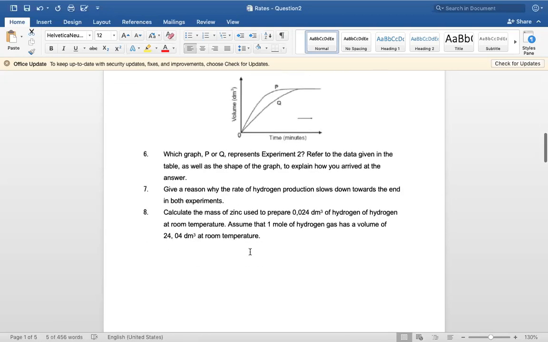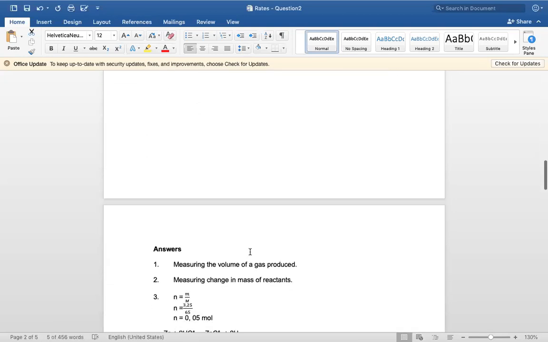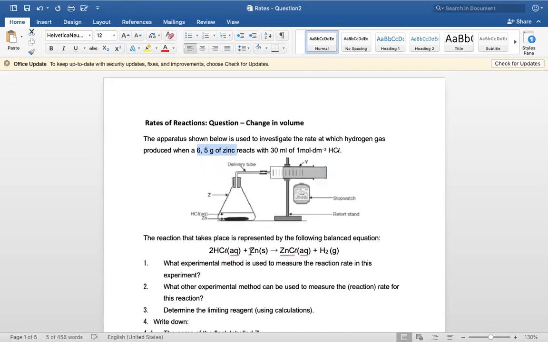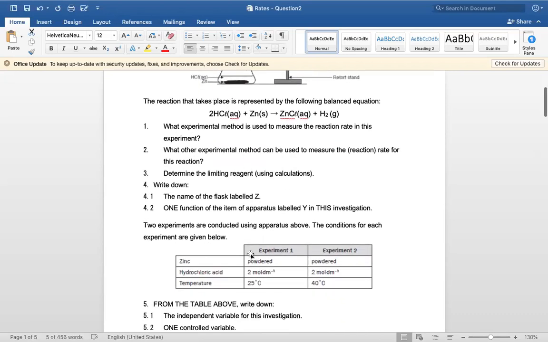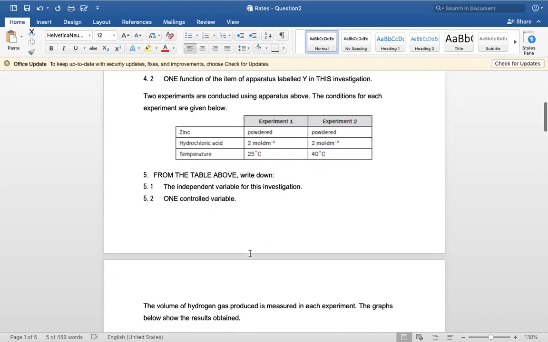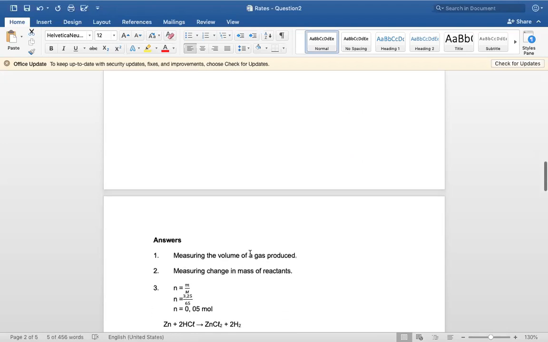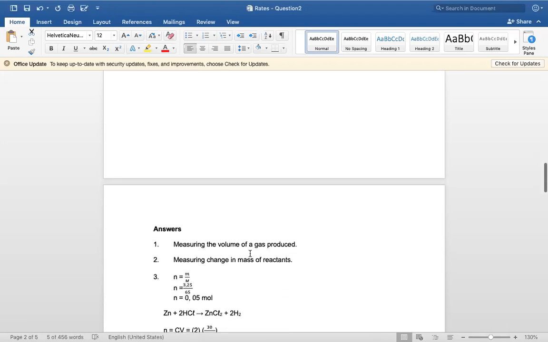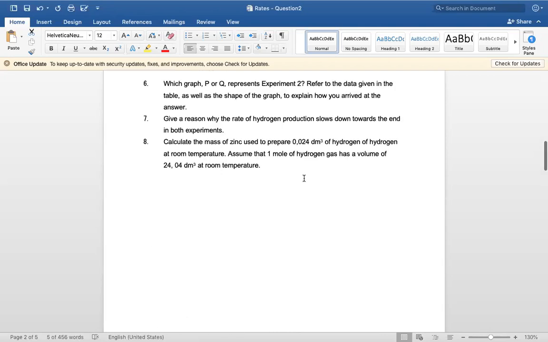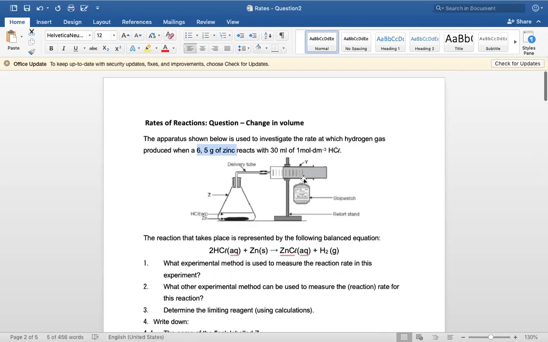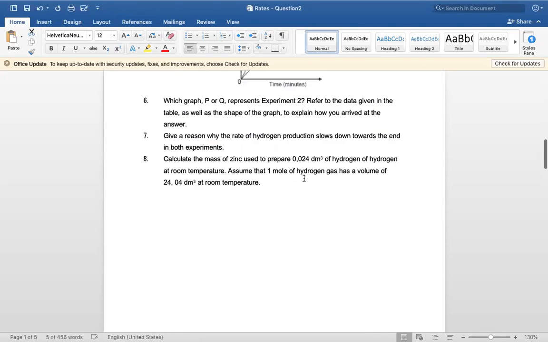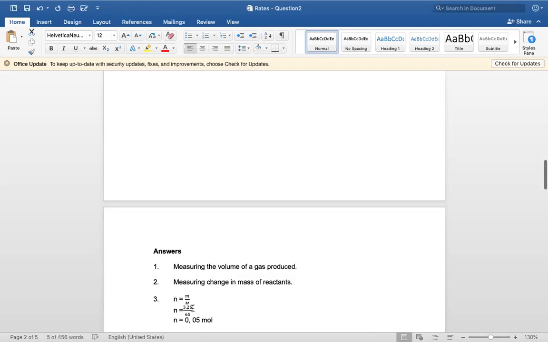Did we get 0.05 moles according to this? No, it's different. Okay, we'll have to take your actual mass over molar mass for zinc. Your actual mass of zinc will be 6.5. All right, so we have to take our 6.5.